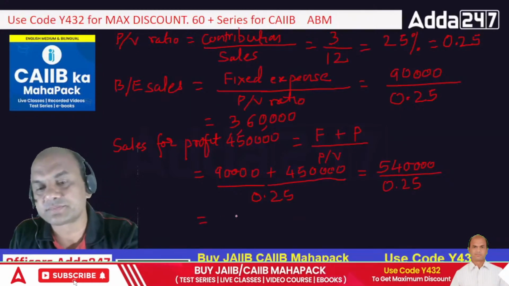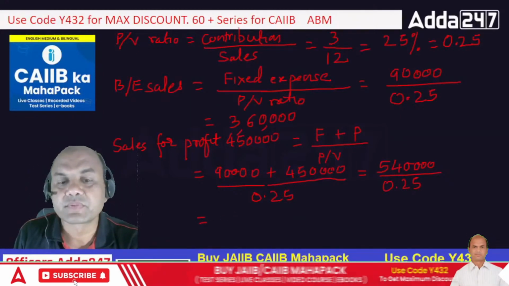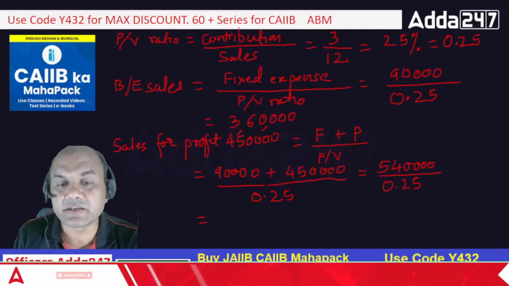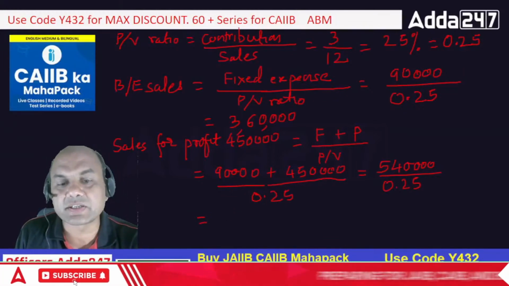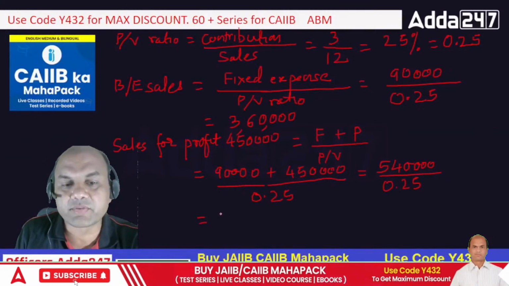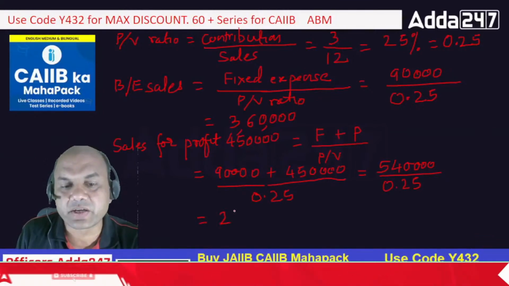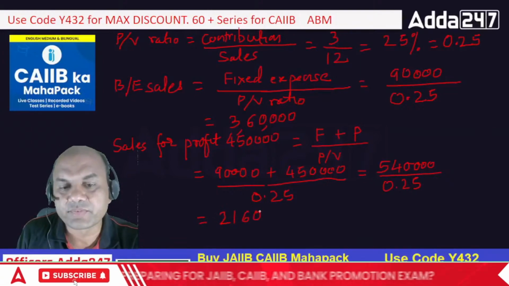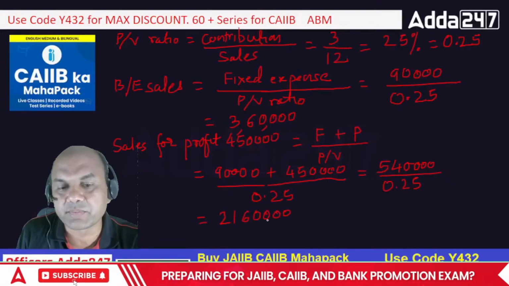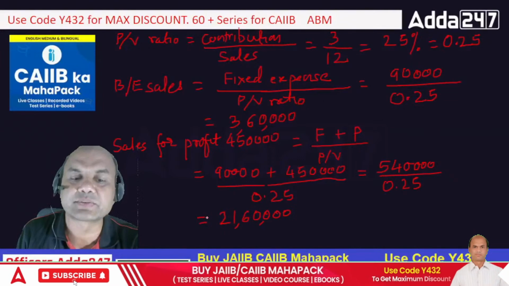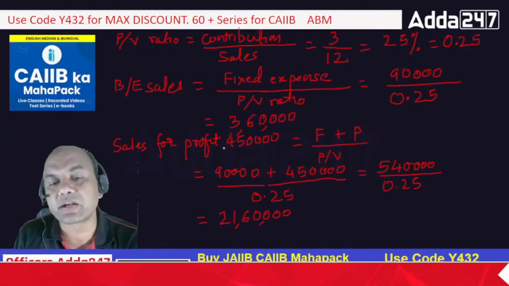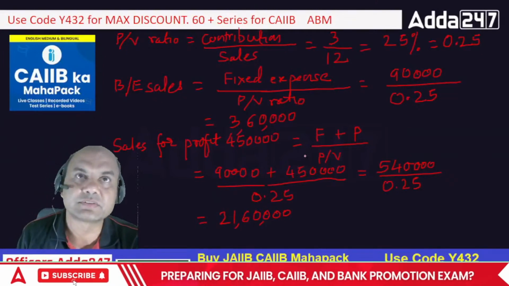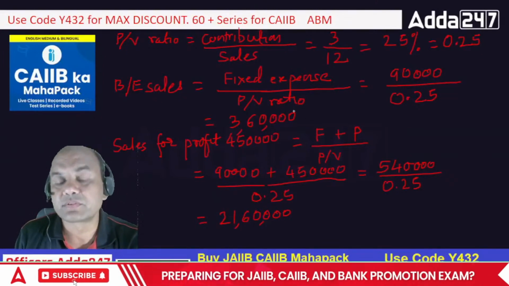It is a very huge figure, isn't it? It is 21 something. I am getting 21,60,000. This much rupees of sales are required if I have to get a profit of 4,50,000.